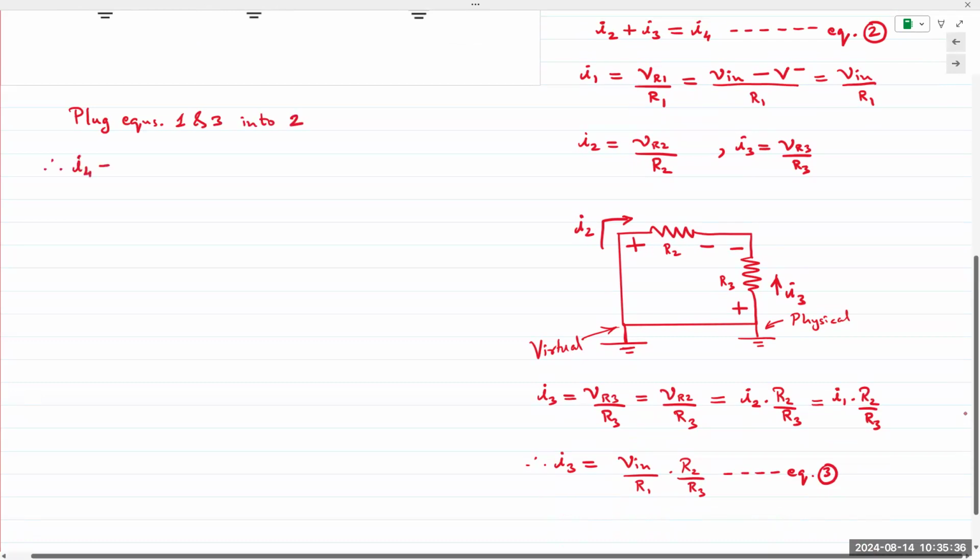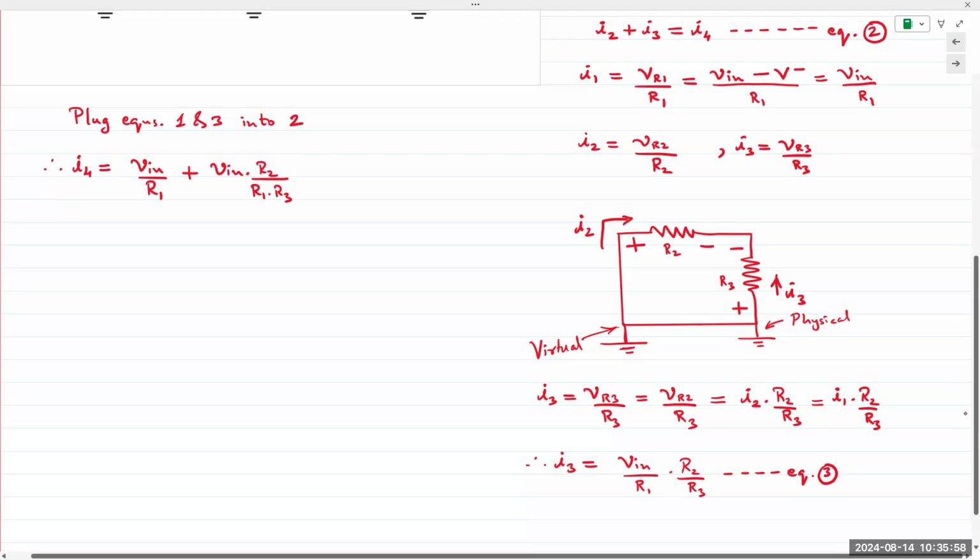So I can write I4 is equal to I2 plus I3, and I2, of course, is V in over R1. And I3 we just found as V in times R2 over R1 times R3.